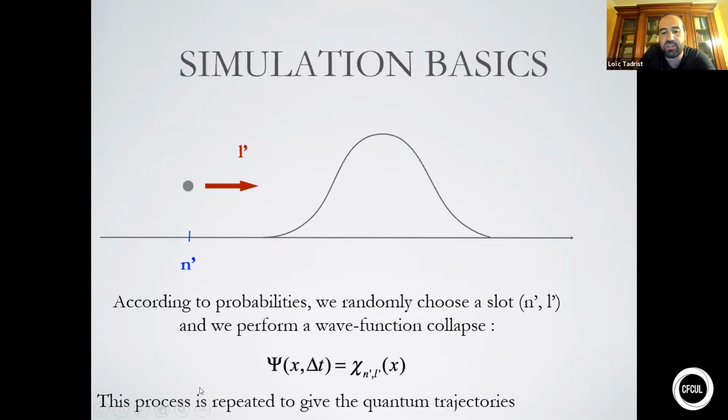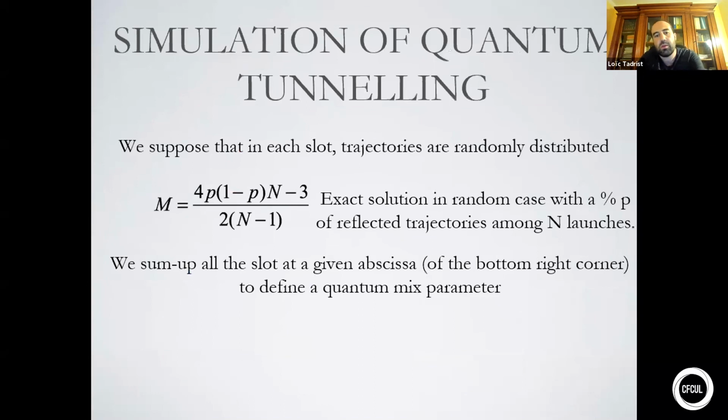We call this process the repeated measurement formalism. So we are now able to compute the trajectory of a quantum particle, and then we can also compute a Demix parameter for the quantum particle, similarly to what we have done for walking droplets.